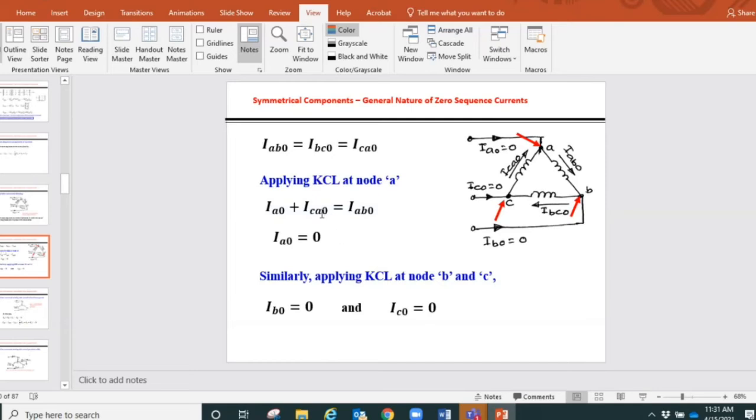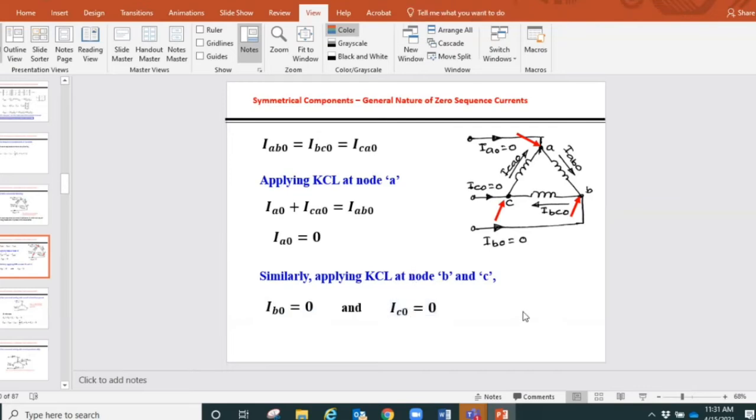If we solve, ICA0 and IAB0 are the same, because they are zero sequence currents on the phase. But if they are different, then this equation will not hold at all. So from there we find that IA0 is equal to 0. Similarly, if we apply Kirchhoff's current law to nodes B and C, we'll find that IB0 will be 0 and IC0 will be equal to 0.